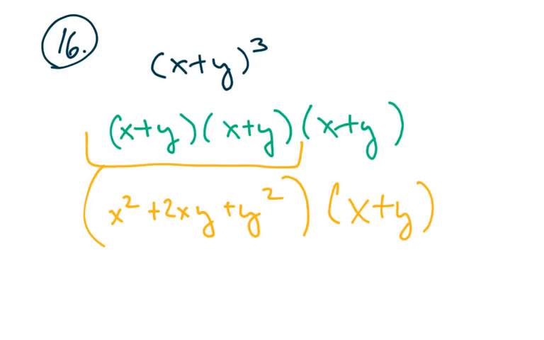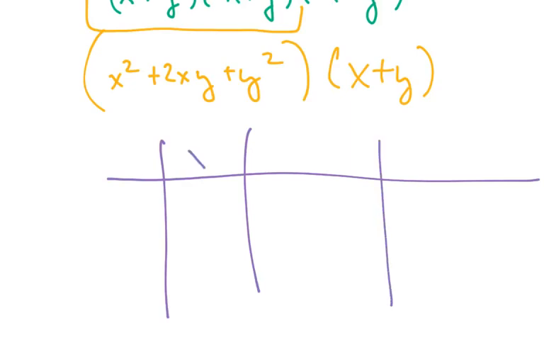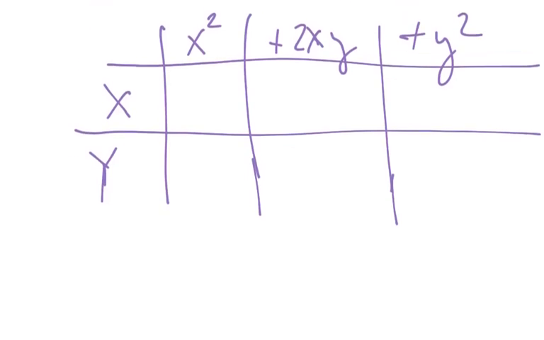So, just like we said earlier, when we multiply a trinomial by a binomial, we want to do exactly what we did here. We want to make it into a grid because it helps to see what's going to happen.